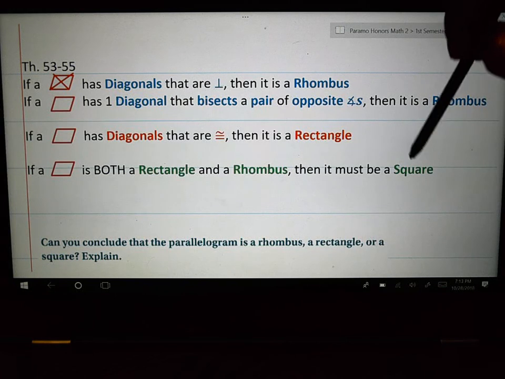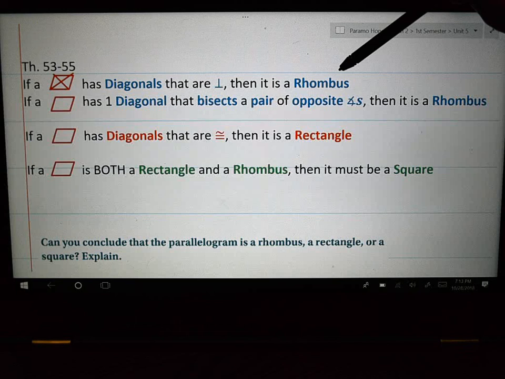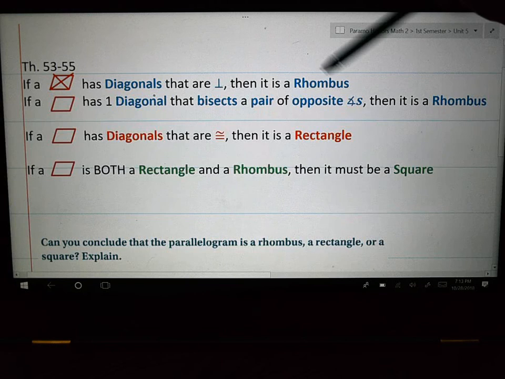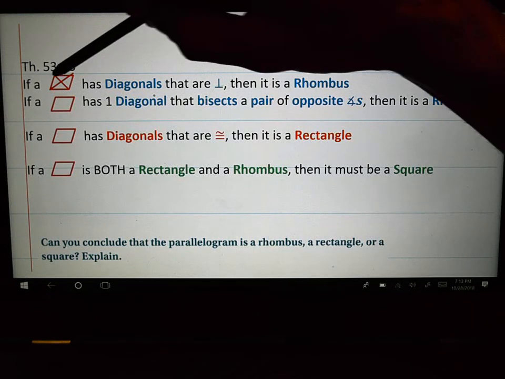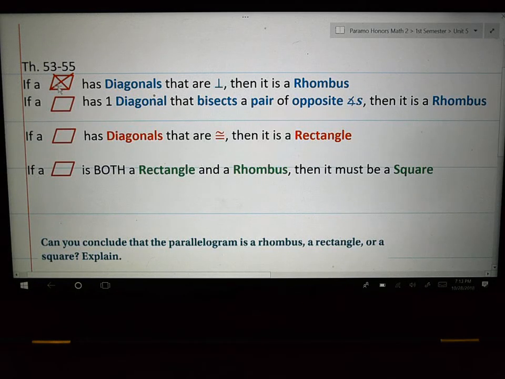Remember, a square has to have 4 congruent angles and 4 congruent sides, whereas a rhombus only has to have 4 congruent sides. This being 90 degrees would make sure that we had 4 congruent sides.